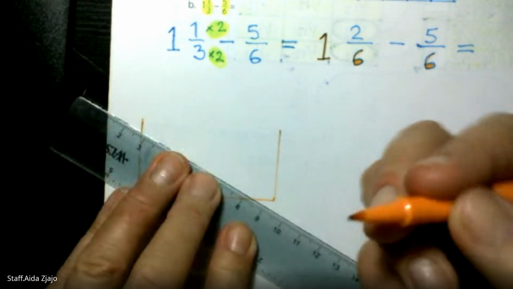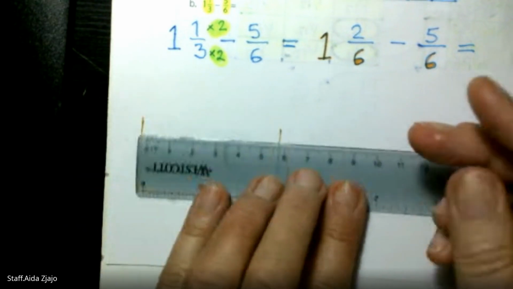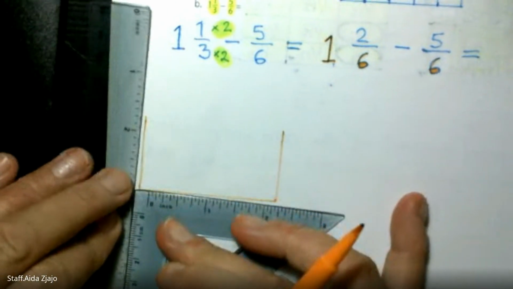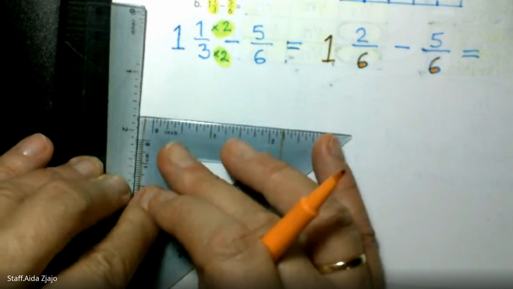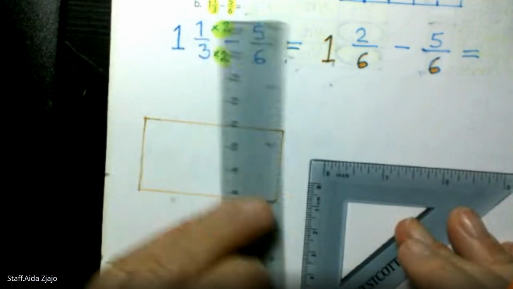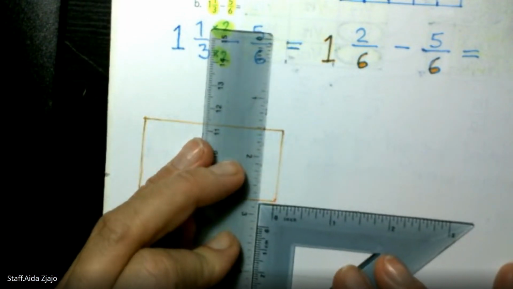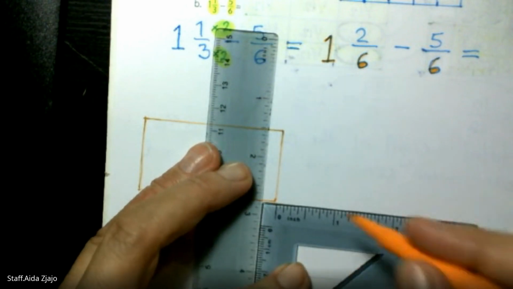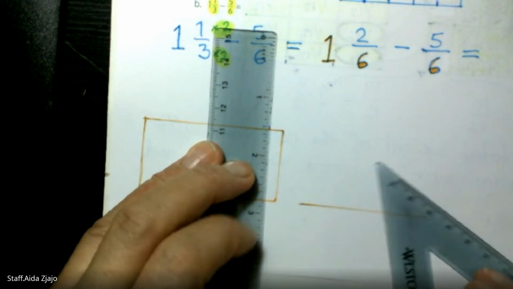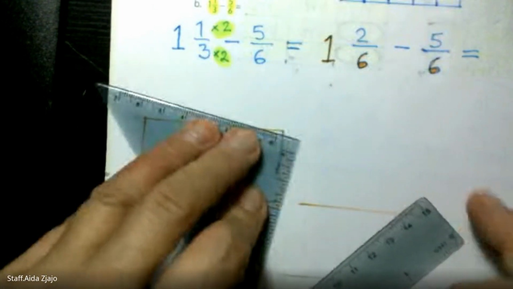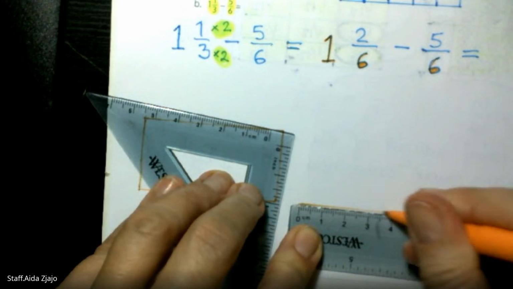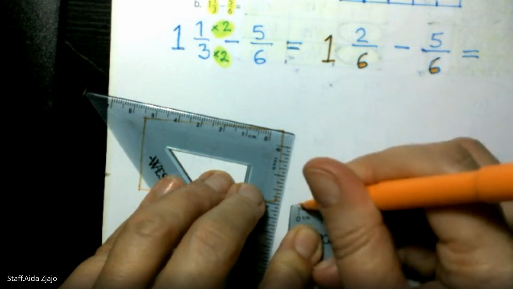So, here we go. This is one whole, and now I need to make one more whole, and I'll use centimeters to make it easy to show the sixths.